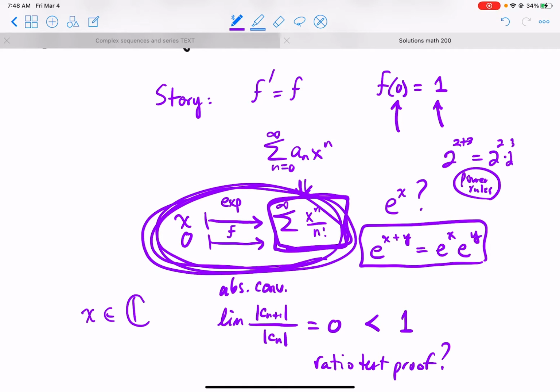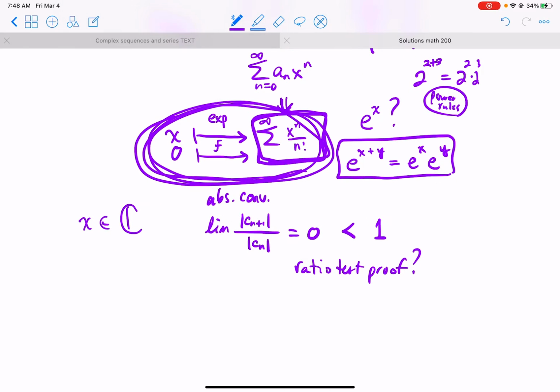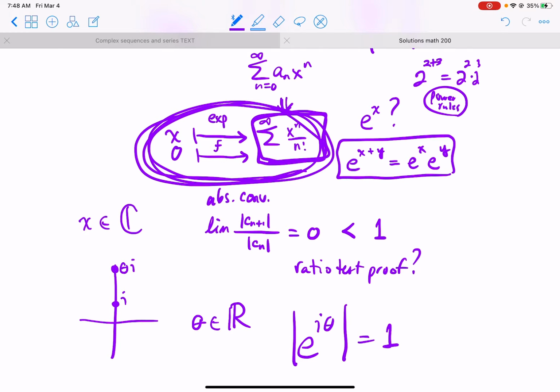And that shows that this is a great function, and we can compute it for any complex number and definitely any real number. Then we were like, hey, complex numbers, there's this whole imaginary axis that has i on it, twice i, 3 times i, theta times i. So for every theta in the real numbers, let's compute e to the i theta. We saw that these are always on the unit circle, and they move at unit speed around that circle, and they start there. e to the 0 being 1 is right there.